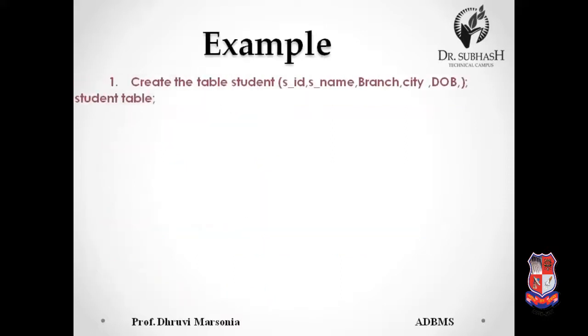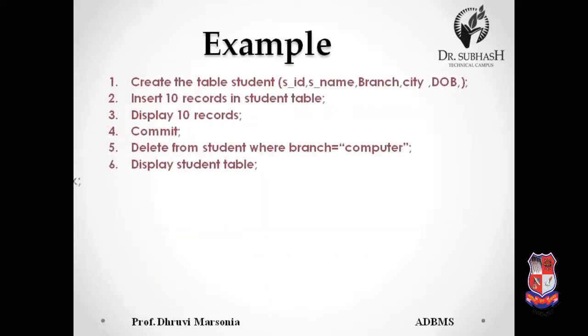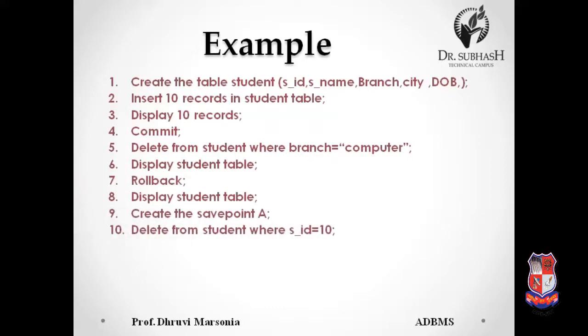Let us consider this example for the practice of our TCL commands. First point is to create the table named student with 5 different columns: student ID, student name, branch, city and date of birth.